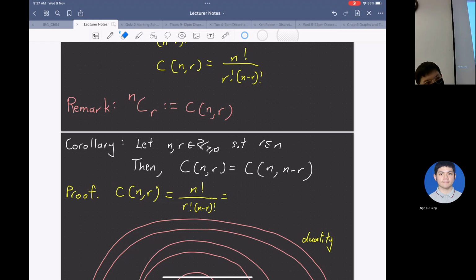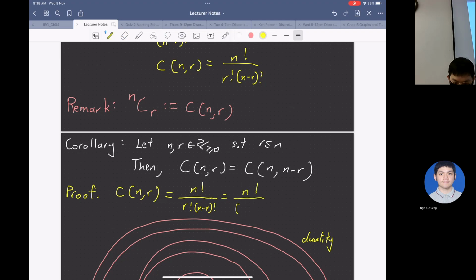Why is C(n,r) equal to C(n,n minus r)? No need for expansion. You just sort.